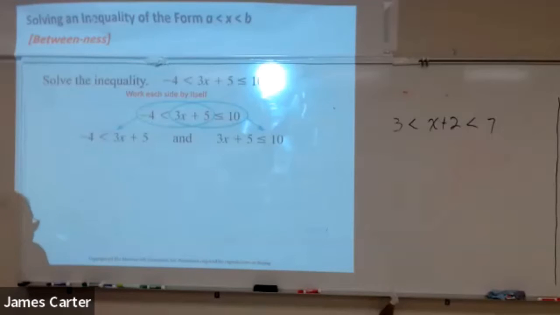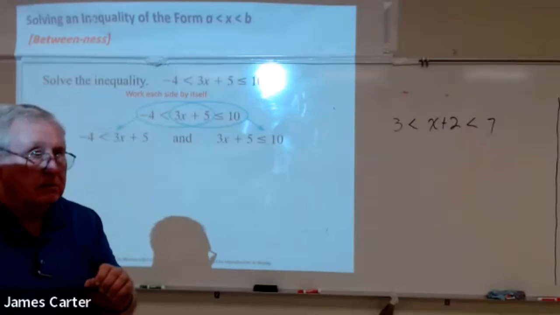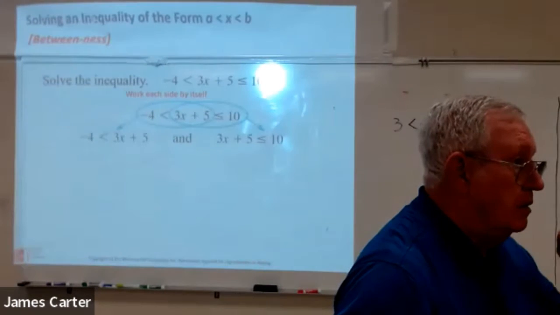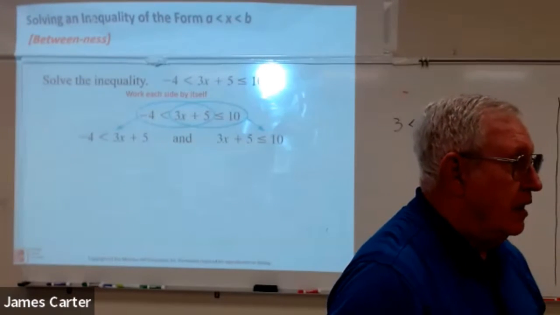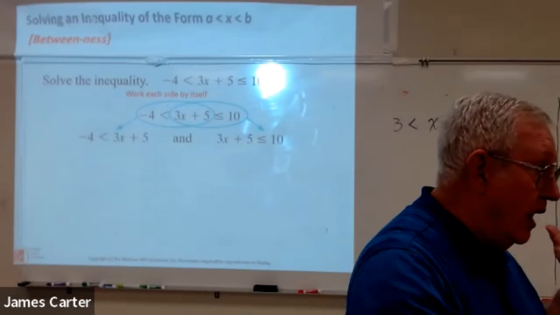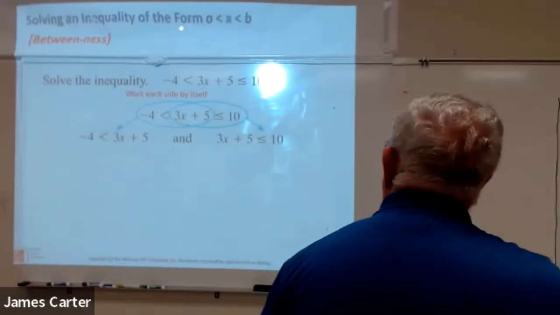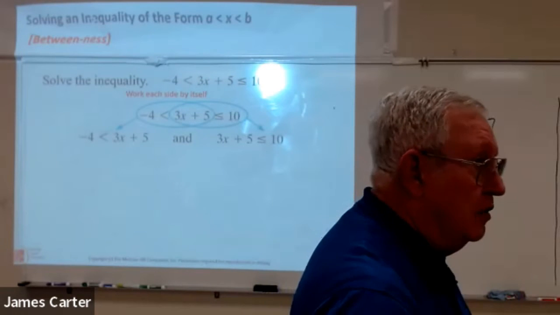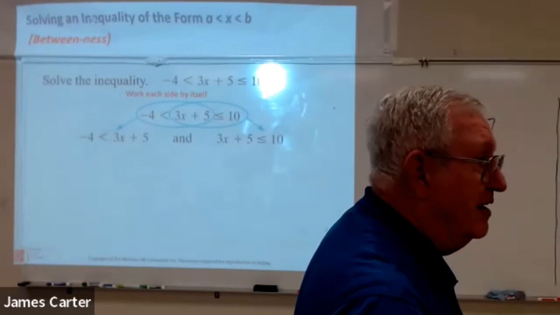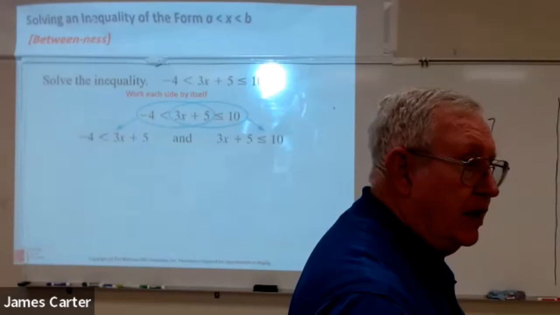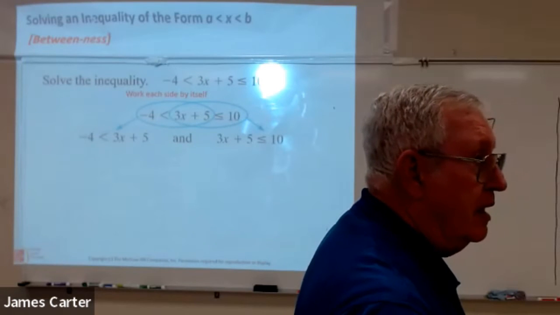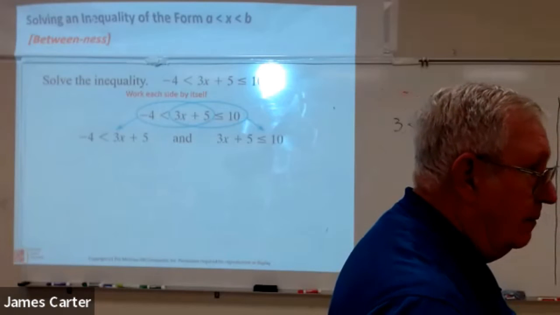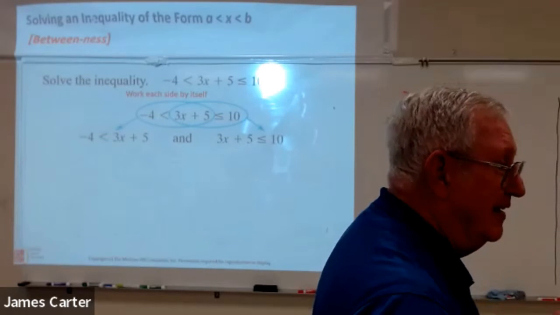That is a strong indicator for "and", the two of those things together. If the symbols were going the other way, if I had a greater than and a greater than, first place, it wouldn't be true the way this problem is written. But in the second place, that would likely be an intersection. Notice my word, likely be an intersection. Okay?